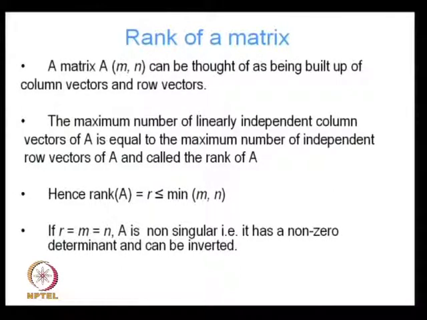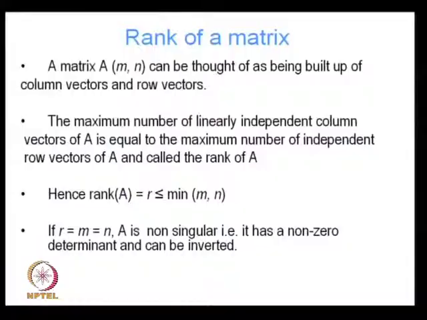Since the number of linearly independent columns must be equal to the number of linearly independent rows, it is obvious that the rank must be less than or equal to the minimum of m and n.